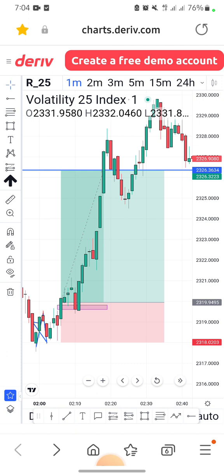Taking 1:2, 1:2, 1:2, if you trade for 10 days, and let's say in those 10 days you trade like 30 times, I'm very sure you are going to see a profit. Let's say you are risking $1 for each trade and always taking 1:2.